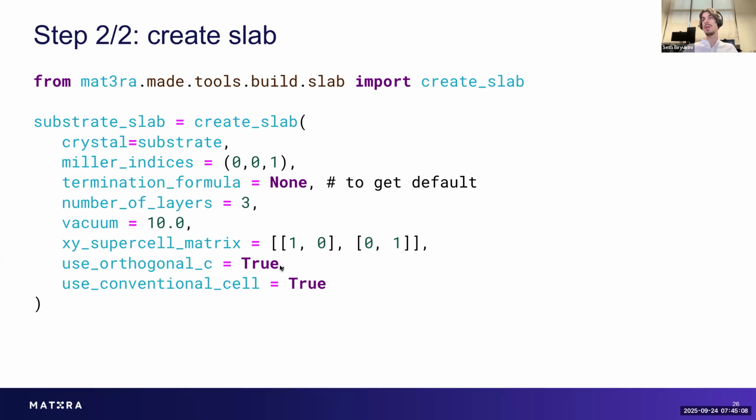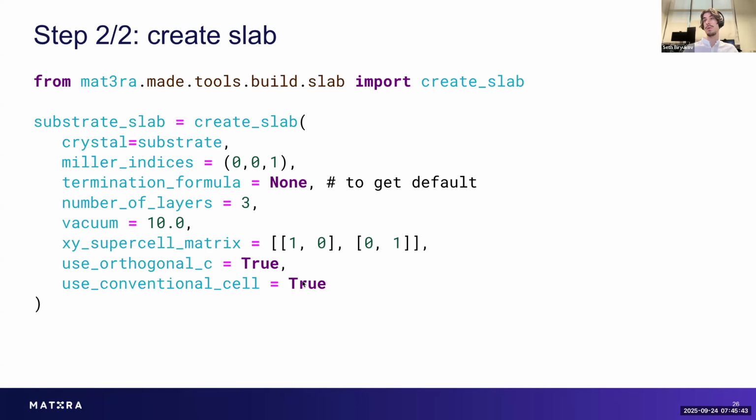So XY supercell, what's the supercell matrix of the final material, and whether we use the surface orthogonal to C. So in this case, it's true. And that we use conventional cell for defining the Miller indices. Also, if you use conventional cell, this means the thickness of the final slab is calculated using the conventional cell C lattice vector.